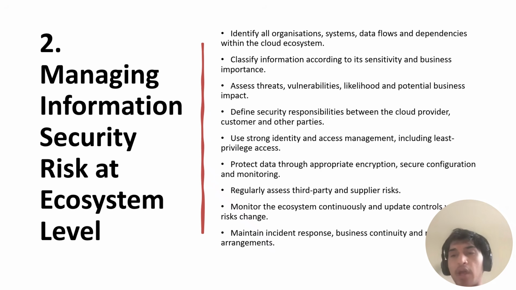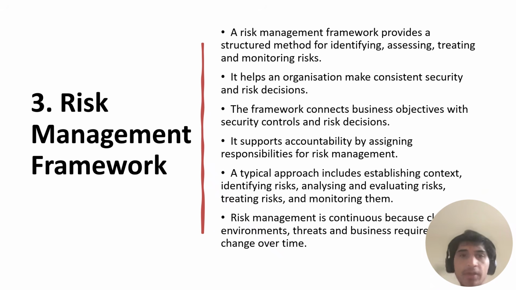So we will be prioritizing the things that are at a higher risk level and need to be done at the very beginning stage. We need to protect the data through appropriate encryption, secure configuration, and monitoring. We need to regularly assess third-party and supplier risk, monitor the ecosystem, and many more, which we'll be discussing further on.